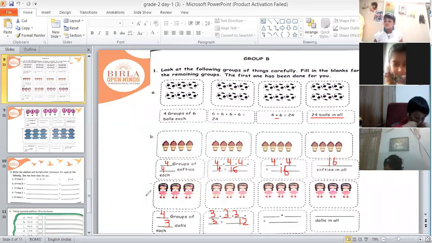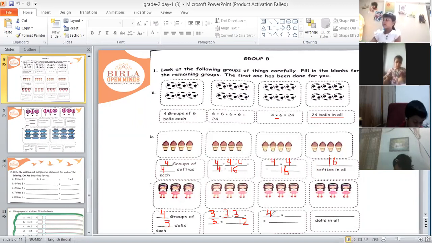Now next. Anik, you tell me how many groups are there? 4. Okay. There are 4 groups. So in the multiplication sentence, what will we write first? 4. So we will write here 4. Okay, fine.